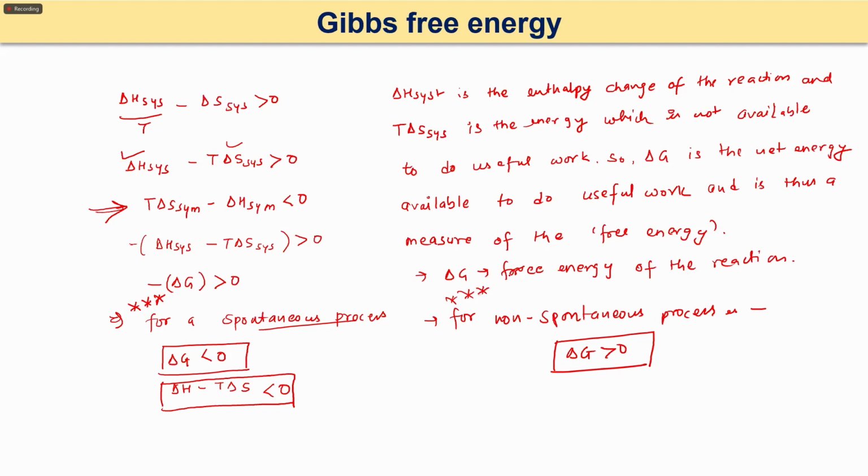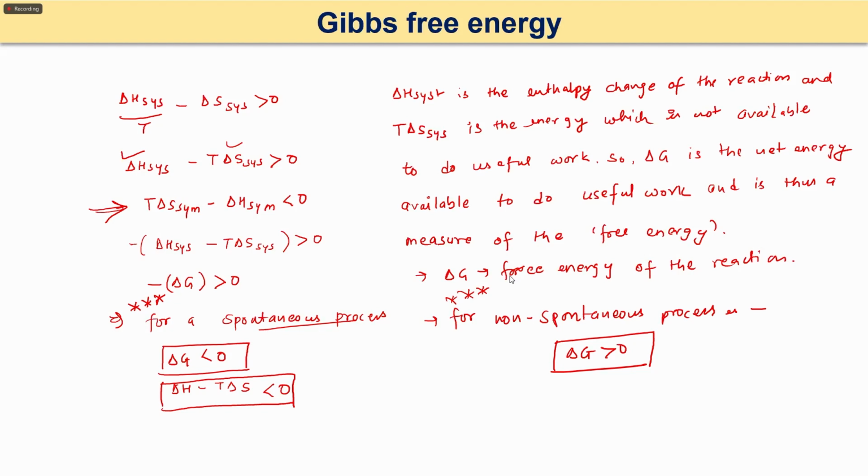So this is how we can easily say whether a process will be spontaneous or non-spontaneous by seeing the value of the Gibbs free energy change. If it is negative, the reaction will be spontaneous, and if it is positive, the process will be non-spontaneous. So this is for this class.